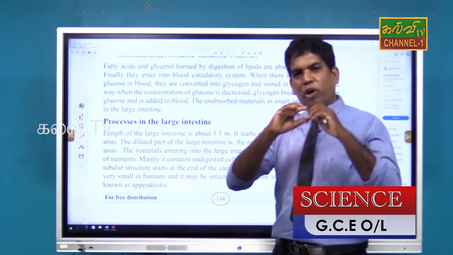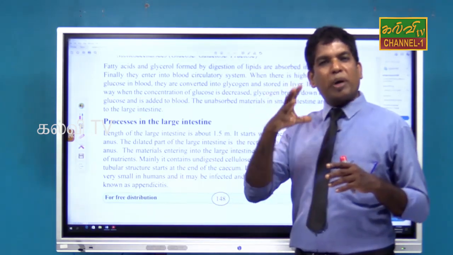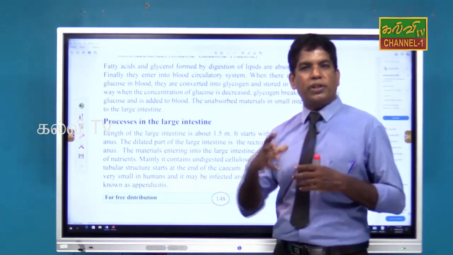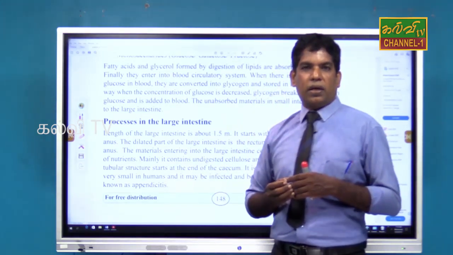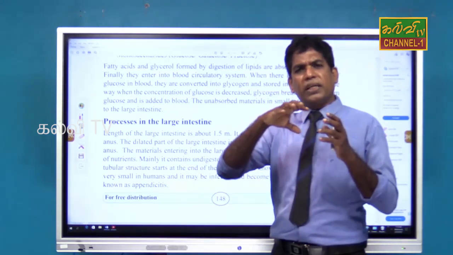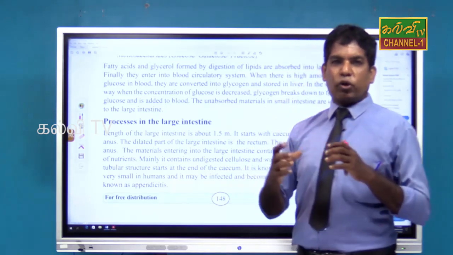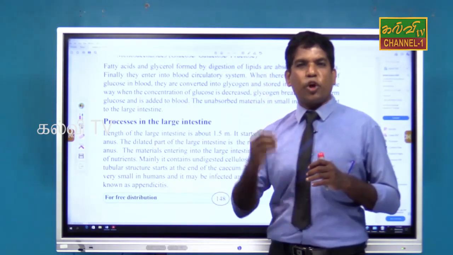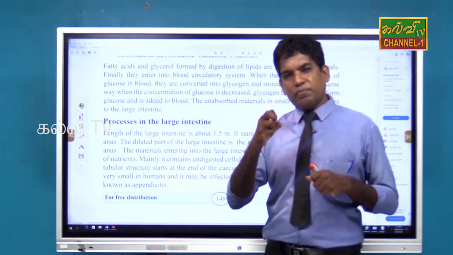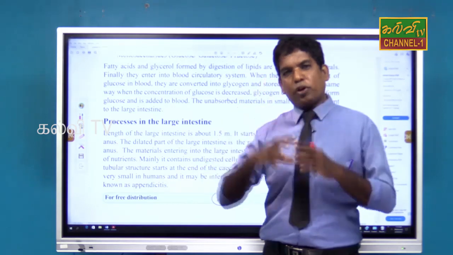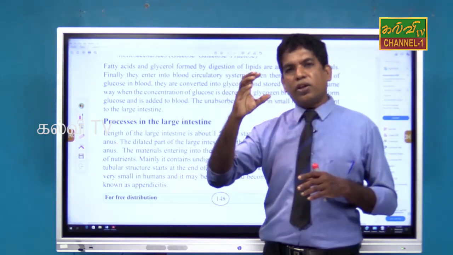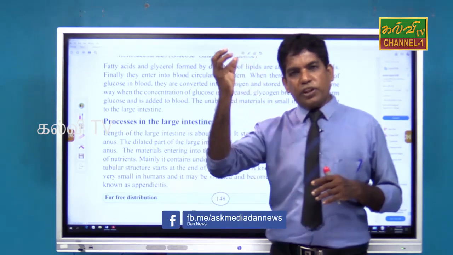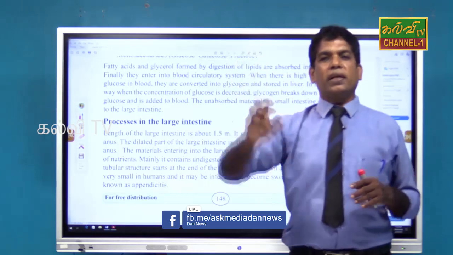The small intestine can absorb most of the digestive products, for example amino acids, the end product of protein, as well as minerals, vitamins, and the end products of lipids, glycerol and fatty acids. After absorption, the remaining part of the chyme moves through the small intestine to enter the large intestine.